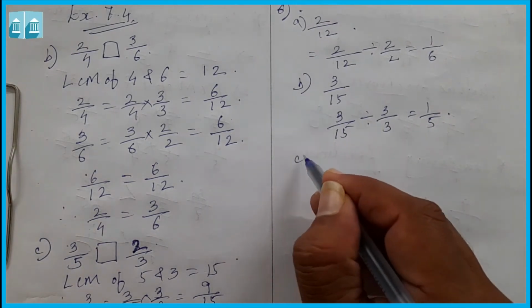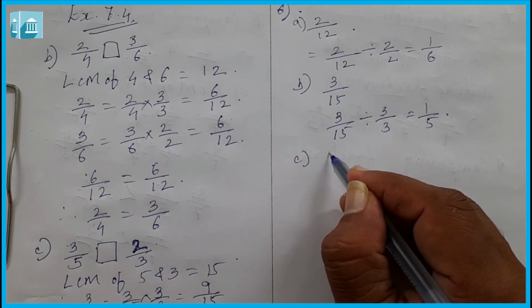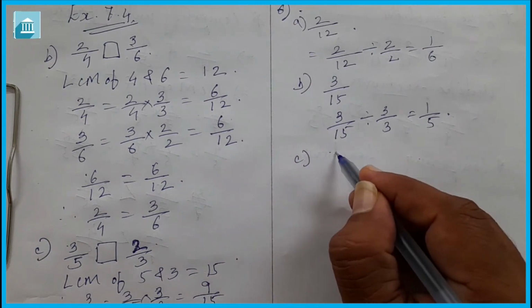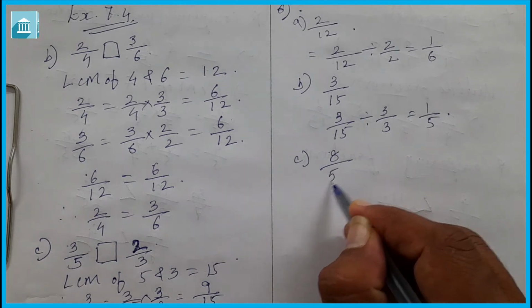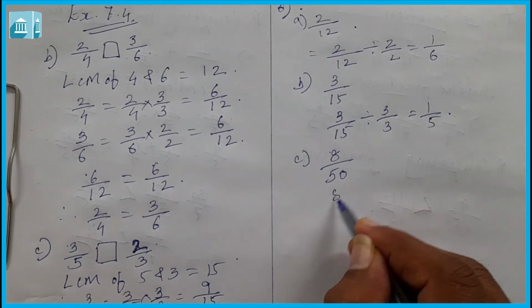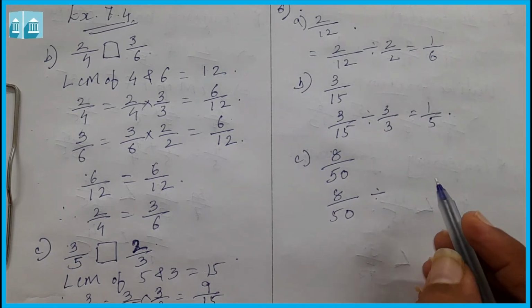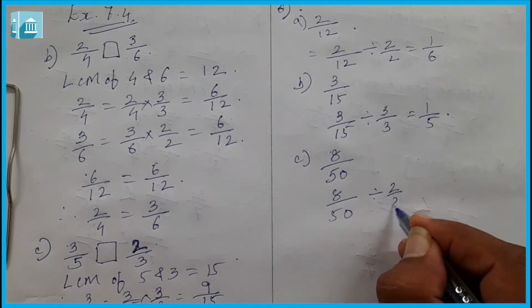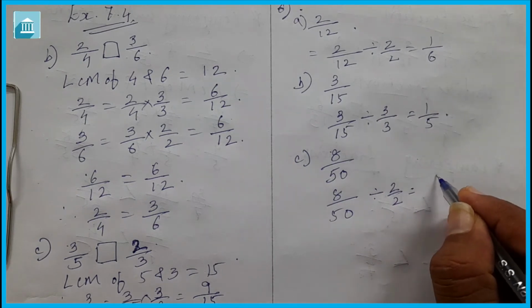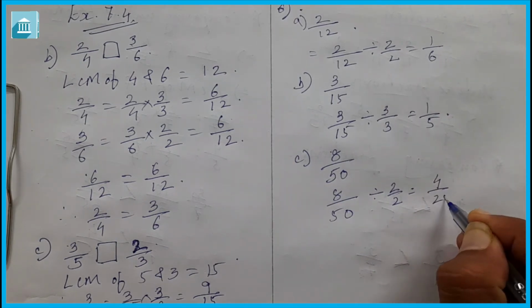Then C is 8 upon 50. Here for 8 upon 50, dividing by 2 upon 2 will be equal to 4 upon 25.